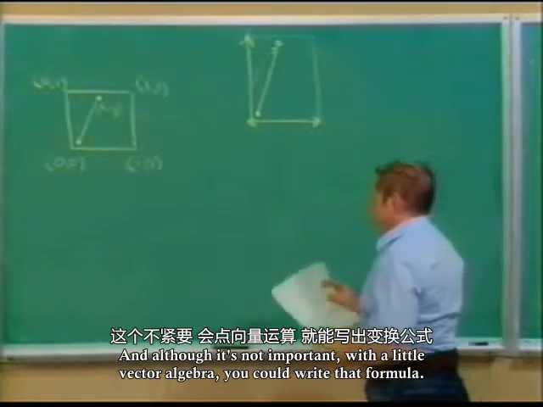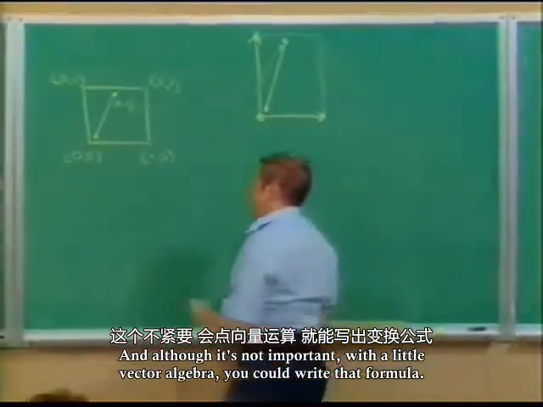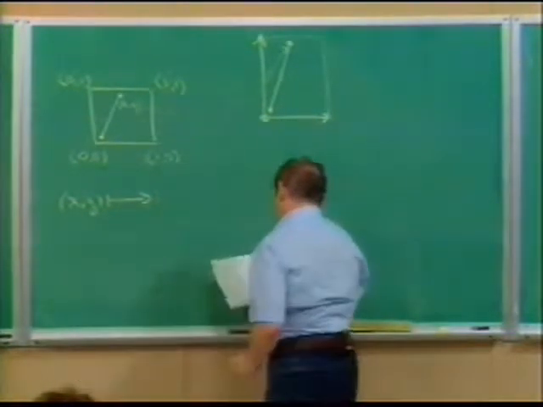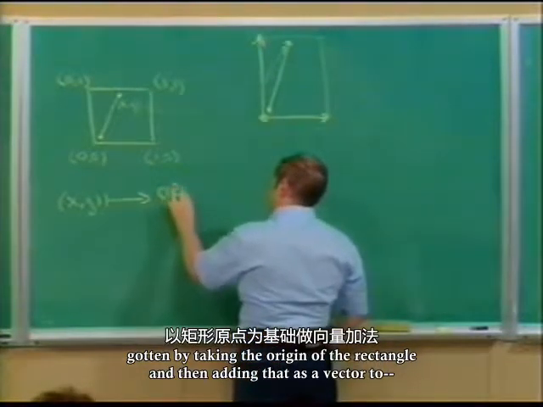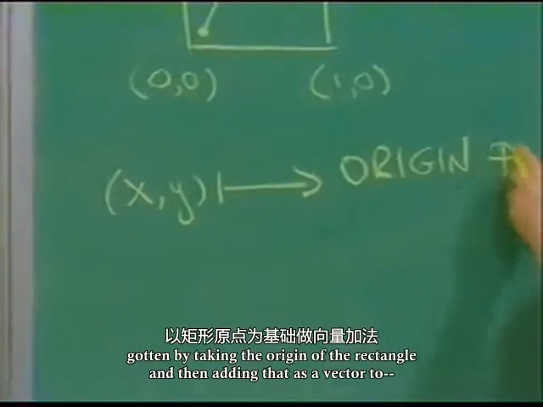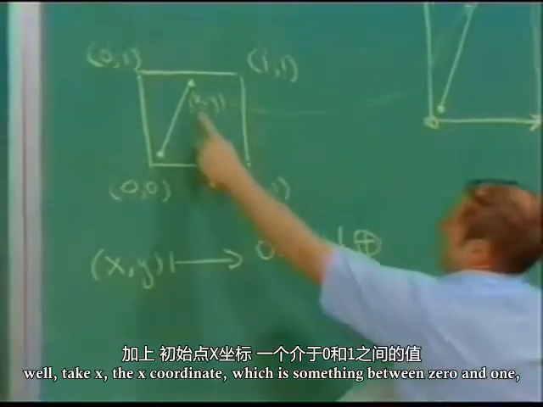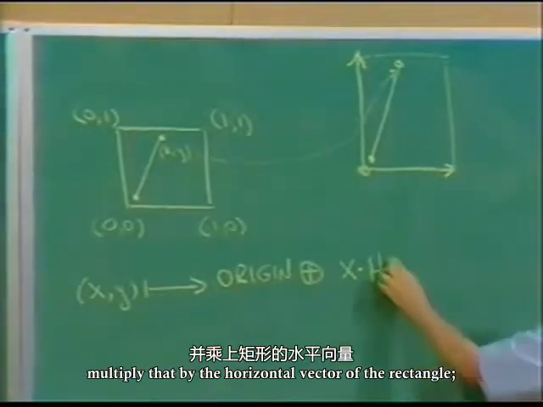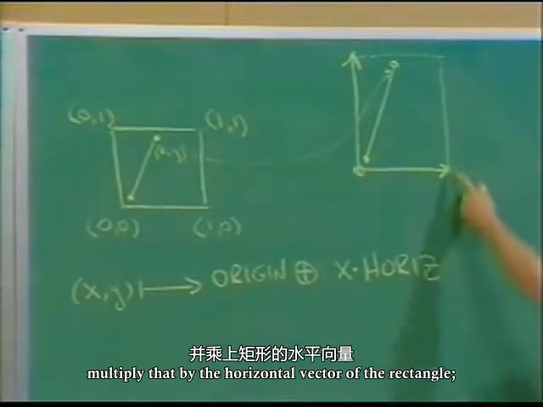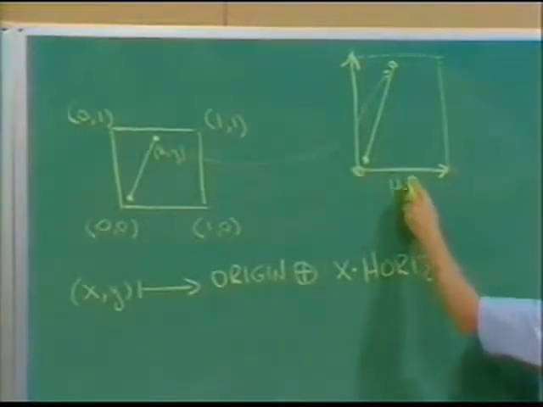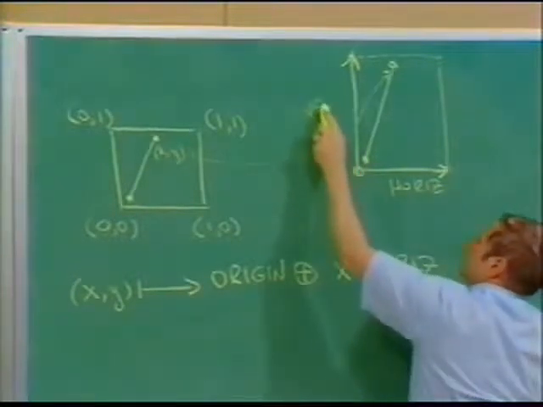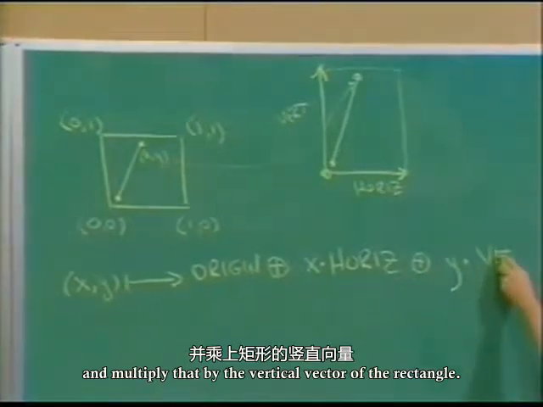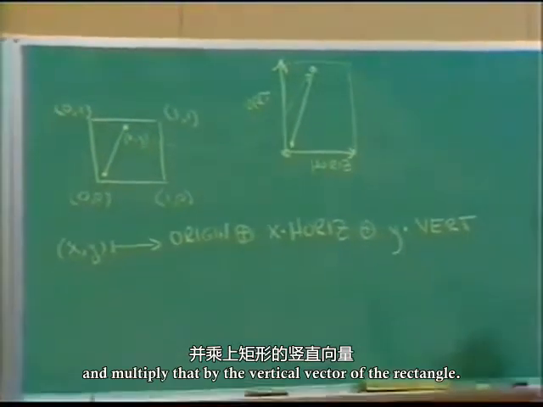And although it's not important, with a little vector algebra you could write that formula. The point that (x, y) goes to is gotten by taking the origin of the rectangle and adding to that, as a vector, the x coordinate, which is between 0 and 1, multiplied by the horizontal vector of the rectangle, and the y coordinate, which is also between 0 and 1, multiplied by the vertical vector of the rectangle.